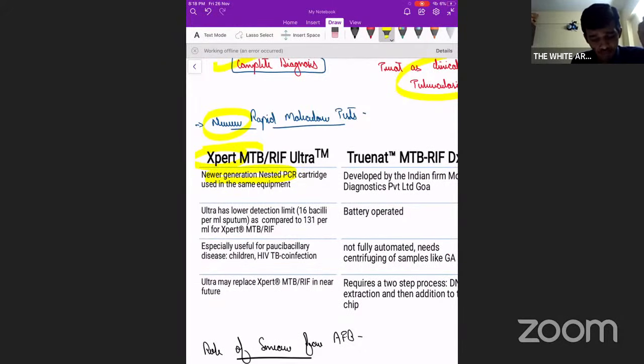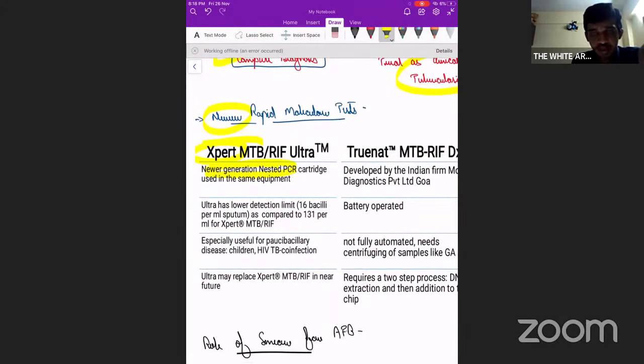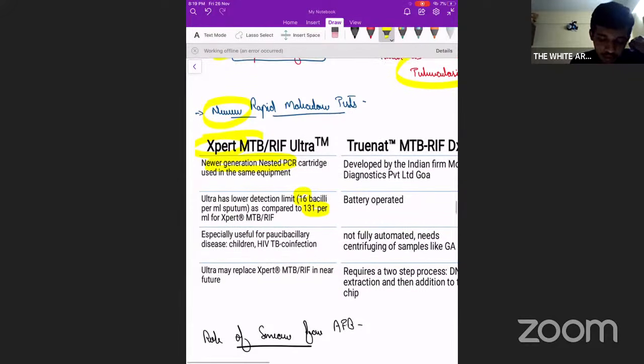What is the advantage of this? We read that for CBNAT, the minimum colony forming unit requirement is 131 per ml. But for GeneXpert, as few as 16 bacilli per ml of sputum will be enough. So the yield is much more as compared to CBNAT. It is especially useful for paucibacillary disease.